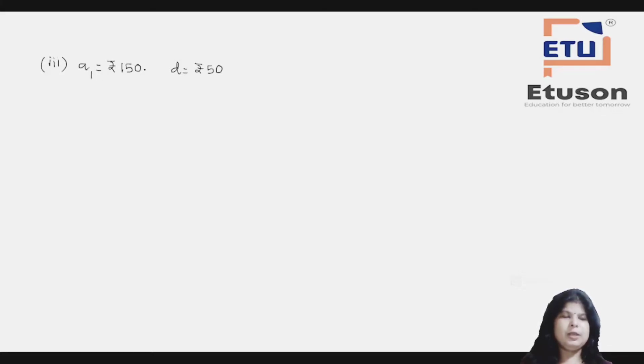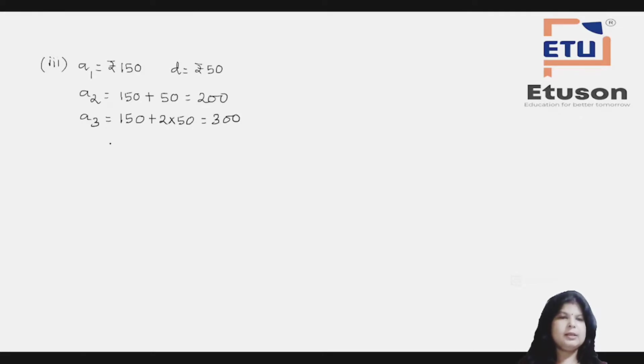So your A1 is 150, your A2 will be 150 plus 50, that is 200. For the third meter, it will be 150 plus 2 into 50, that is equal to 250. A4 will be 150 plus 3 into 50, that is equal to 300. Correct or not?